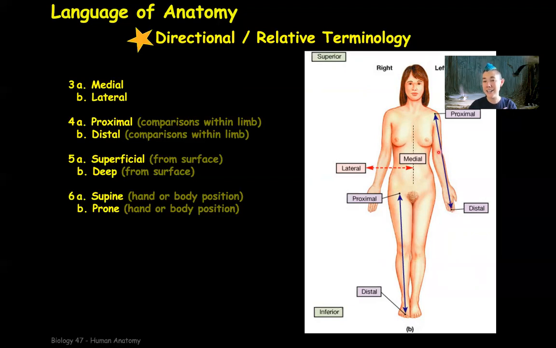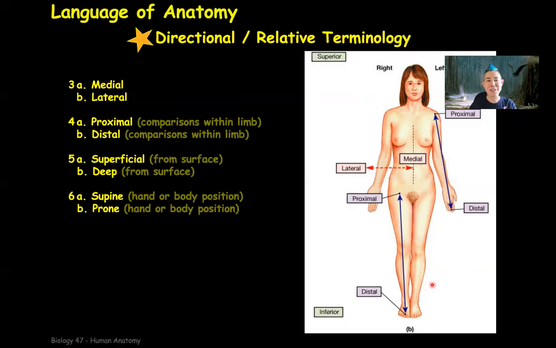So the antecubital region would be proximal relative to the carpal region. The digital region would be distal relative to the antebrachial region. Down here in the leg, we have the patellar region. The patellar region would be proximal compared to, what's that region of the shin again? That's the crural region.